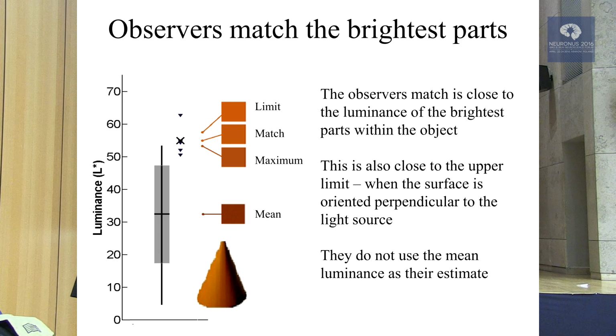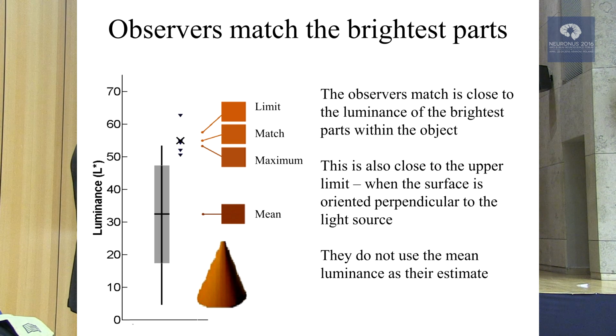On the y-axis here is the luminance, and this vertical line gives the range of luminance values within the object. The horizontal line is the average luminance within the object, and the gray area is the standard deviation. And what you can see here is that the observers don't use the average luminance within the object. That's the mean, that's here.